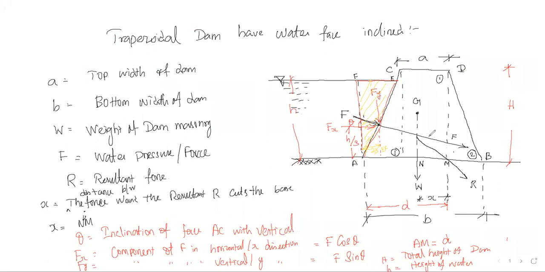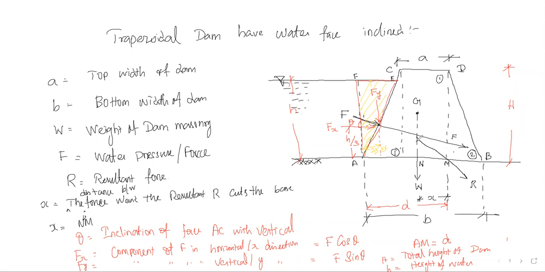One is acting inclined. Normally we consider it with respect to W, but this F I can resolve into horizontal as well as vertical directions. Our sigma max and sigma minimum values are related to the vertical force acting on the structure, that is the dam structure.